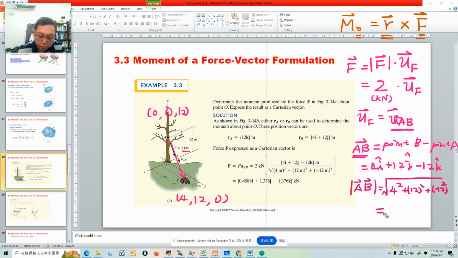The square root of 304 is about 17.44. Okay, so we have the magnitude.